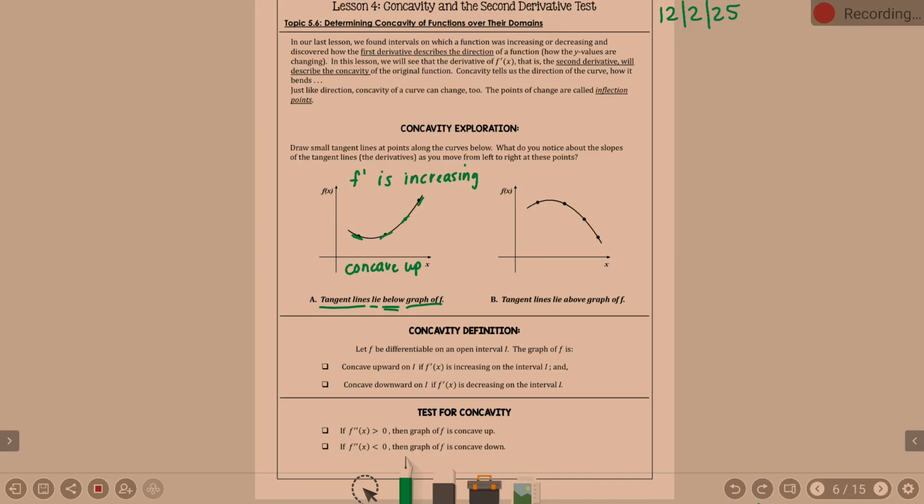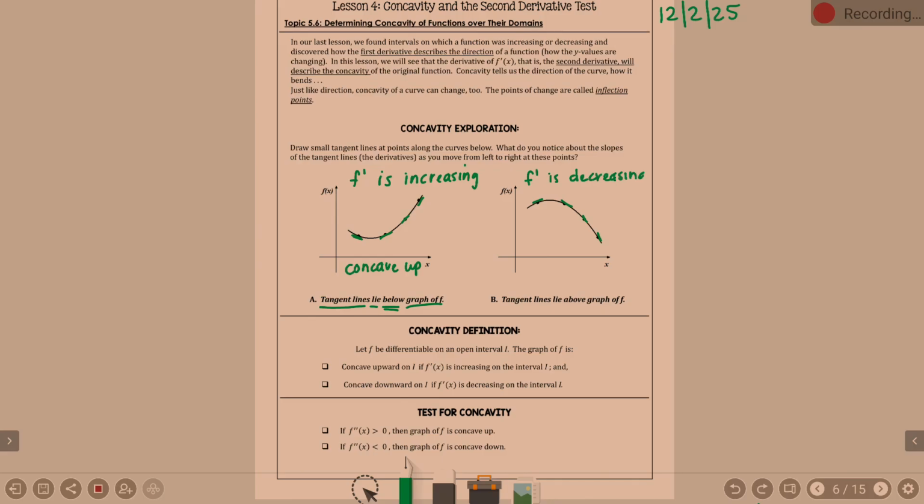Over here, if we put similar tangent lines on, each time we draw those tangent lines, the slopes are getting smaller. And so we can say that f prime is decreasing.